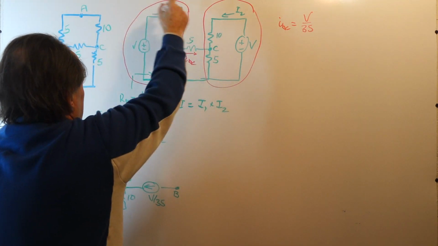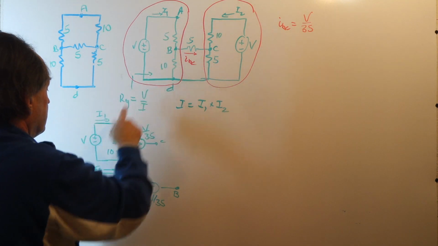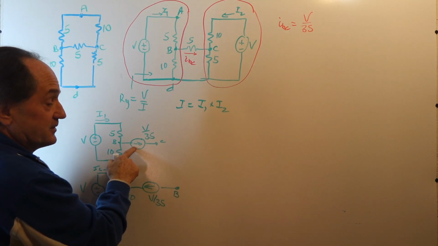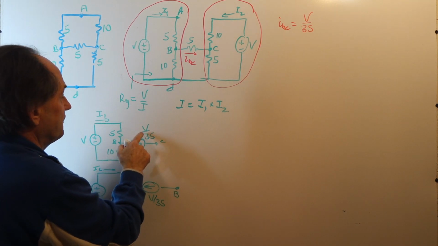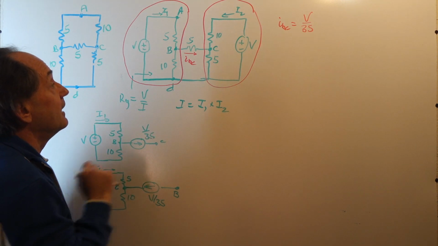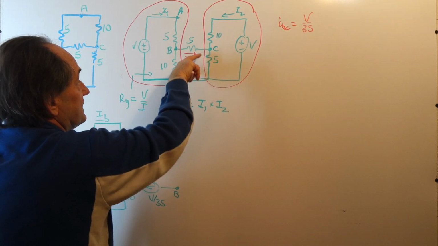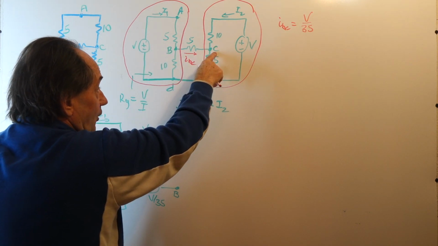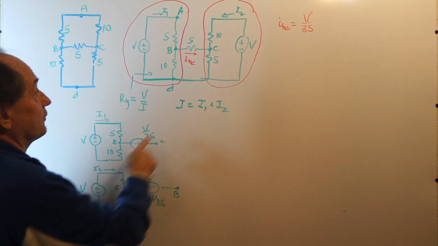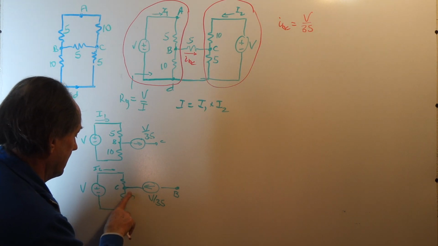On this portion, I have voltage source V with 5 ohms and 10 ohms, but now I know the current leaving node B, so I can represent it as a current source with value V over 35 leaving node B and going to node C. And on this portion of the network, again, we know the current IBC, which is going into node C, so I'm going to write this portion of the network as voltage source V working into, oops, these are wrong.